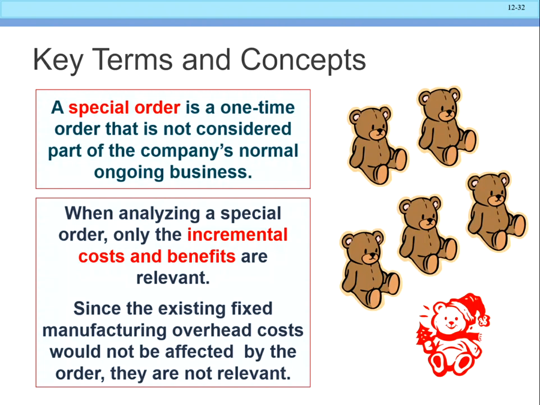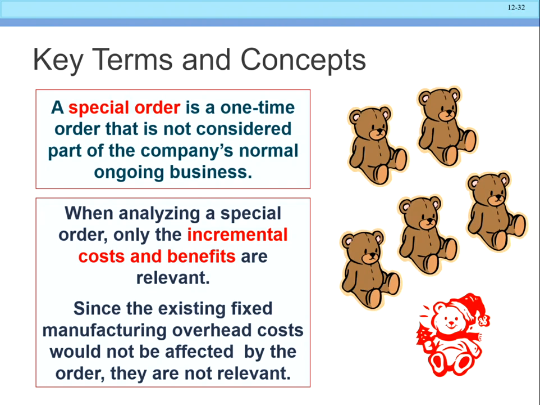So we have looked at what a special order is. Now, when analyzing a special order, we need to deal with incremental costs and benefits. The existing fixed manufacturing overheads are not affected by the special order, therefore they are not relevant.